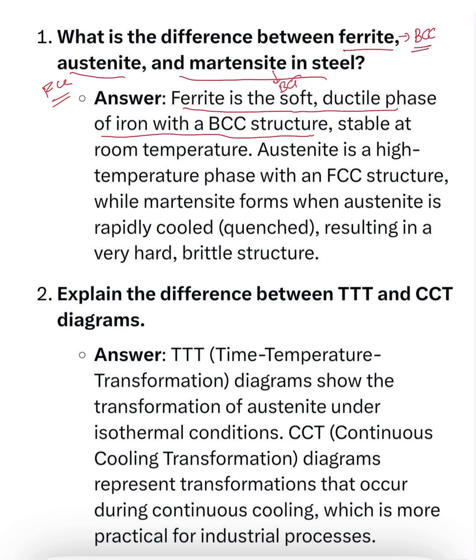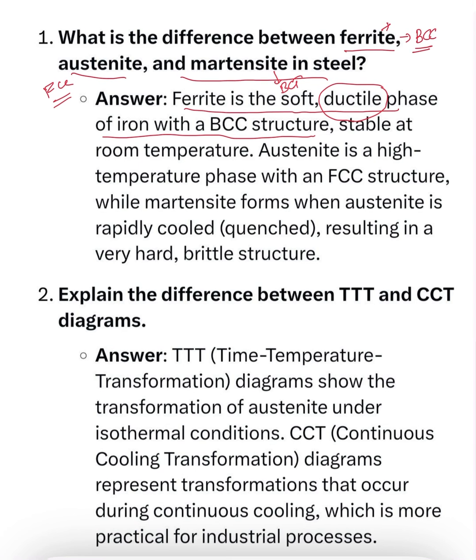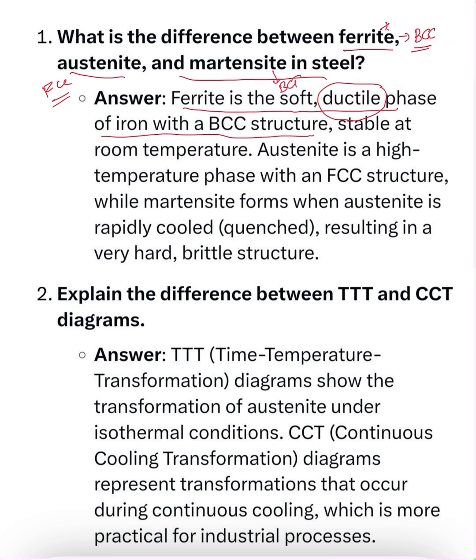The other factors are that ferrite is soft as well as more ductile, and it could be formed at low temperature, which we call alpha ferrite, and at higher temperature the phase is called delta ferrite. The main property of ferrite is that it is magnetic and relatively soft and ductile.